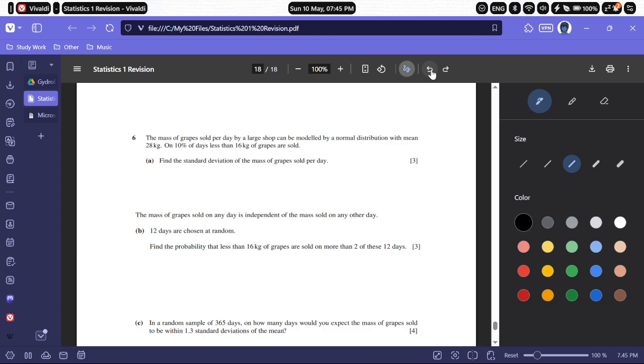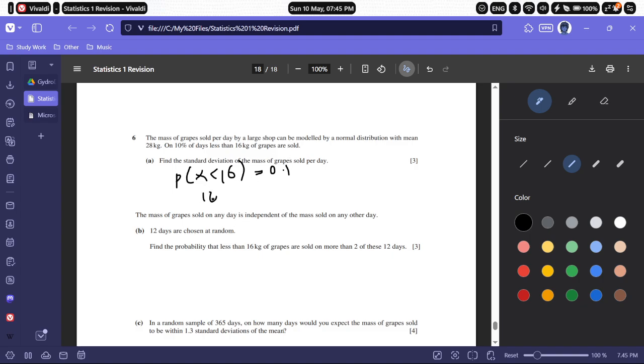So find the standard deviation of the masses of grapes sold per day. They're telling you that on 10% of days less than 16 kg of grapes are sold. So the probability that x is less than 16 is 0.1.